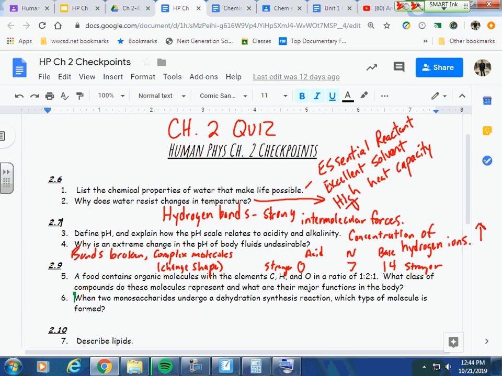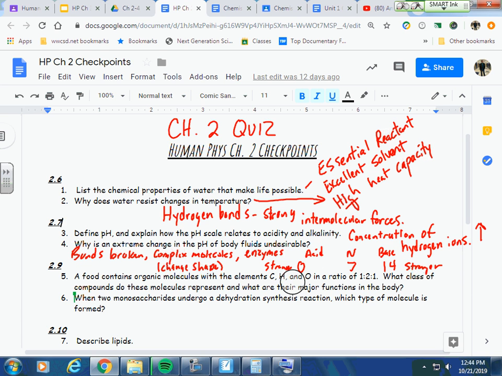So complex molecules such as enzymes, for example. Enzymes can be disrupted by high temperatures that change their shape so they no longer work, and extreme changes in pH can mess that up too.